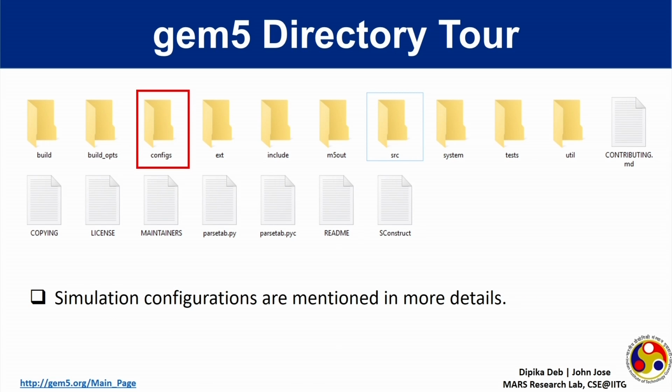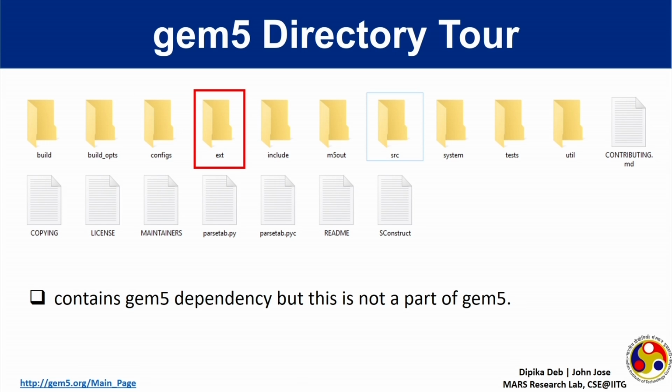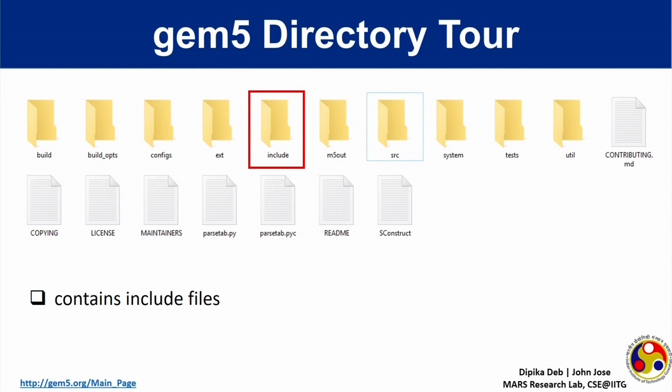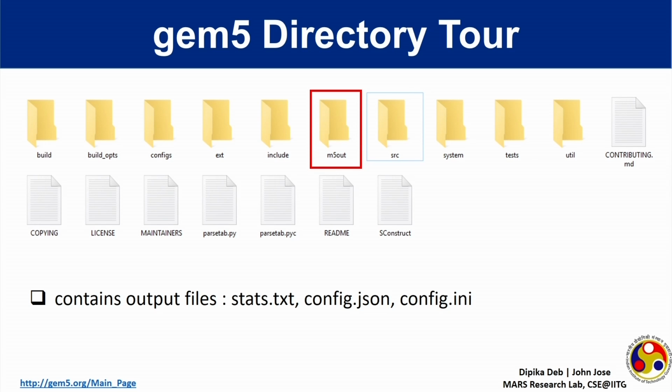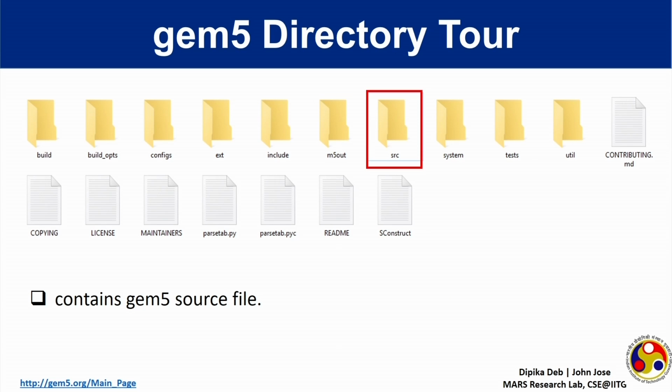This folder contains simulation configurations. This contains gem5 dependencies, but this is not a part of actual gem5. This directory contains include files that are used to simulate and compile gem5. The output files are present in this folder, and src contains all the gem5 implementations like caches, cores, CPU models, interconnection models, and everything.